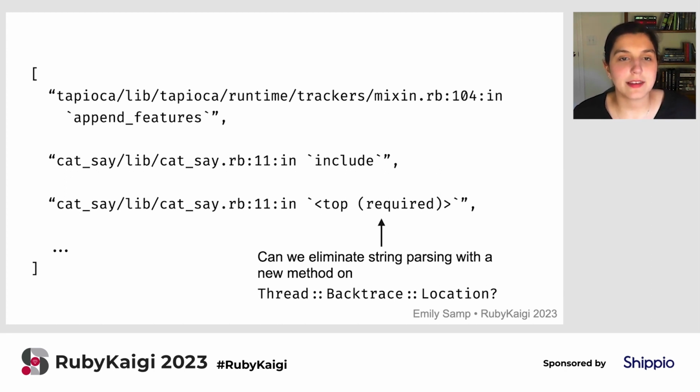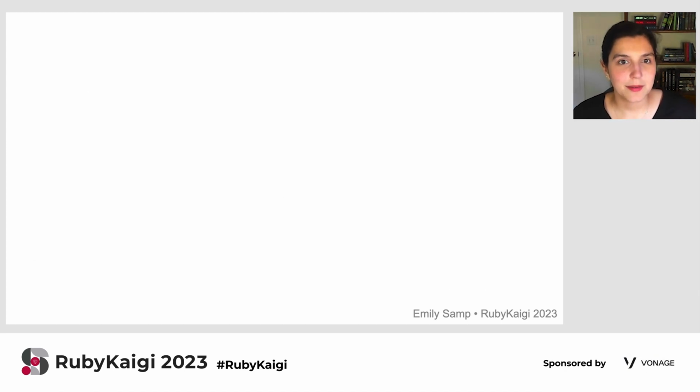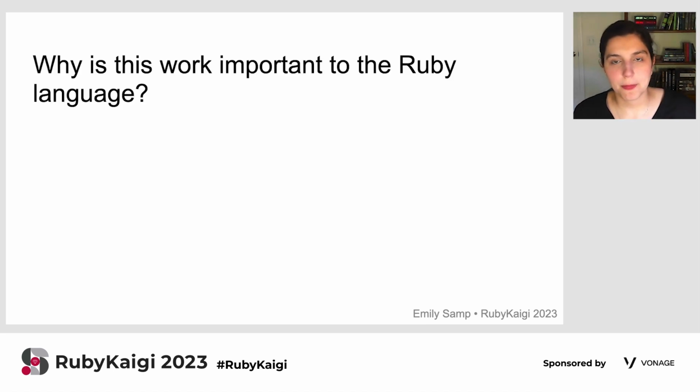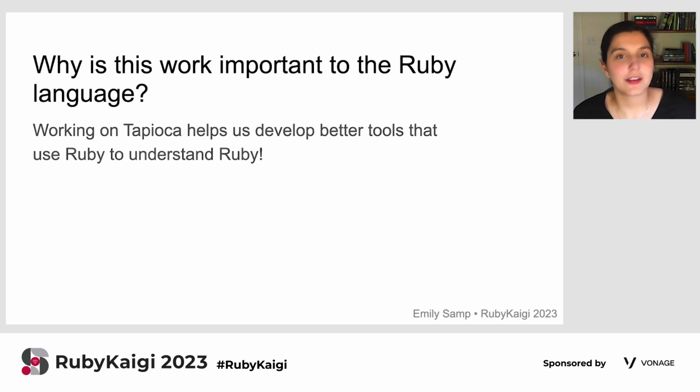This would eliminate the need for brittle string parsing and make it easier to understand Ruby code through the call stack. This is ultimately why I find working on Tapioca so rewarding. It helps the entire community discover ways in which we can make Ruby a more powerful language. With this knowledge, we can build better tools that help us understand our code and speed up our workflows, like Sorbet and Tapioca.